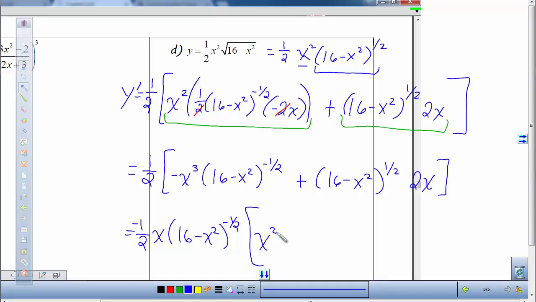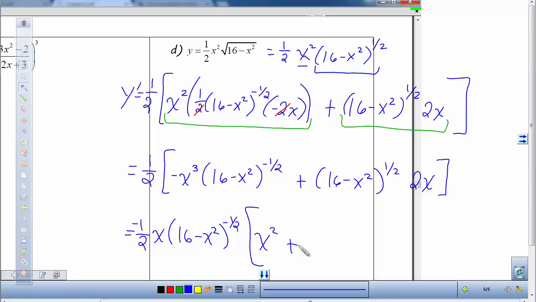I've also taken out 16 minus x squared to the negative 1/2, so I don't have to worry about anything else there. And then over here, 16 minus x squared to the 1/2, what is that going to become? When we factor out, it's kind of like dividing by that thing.